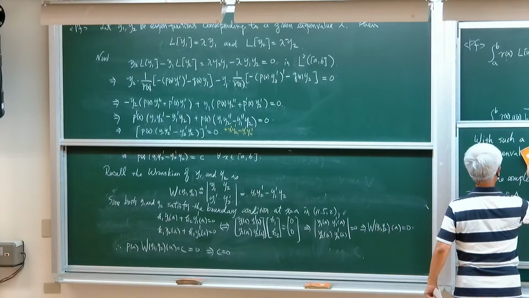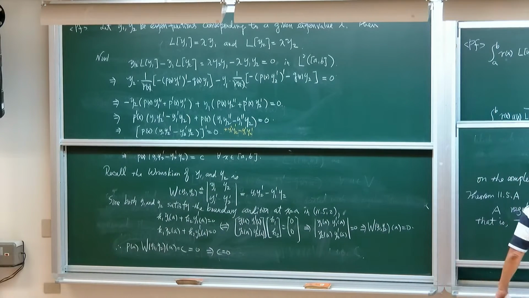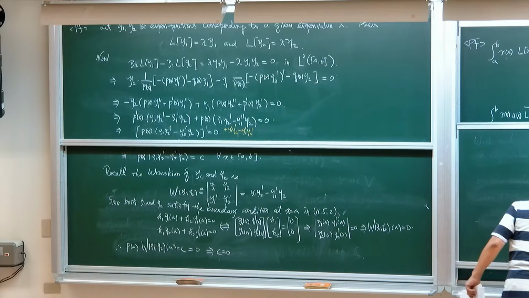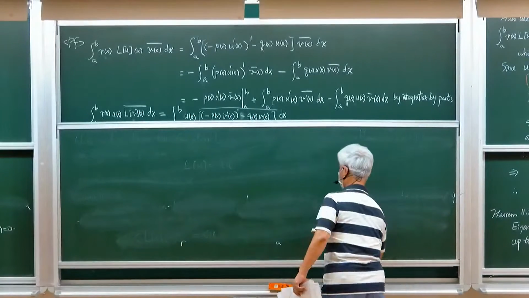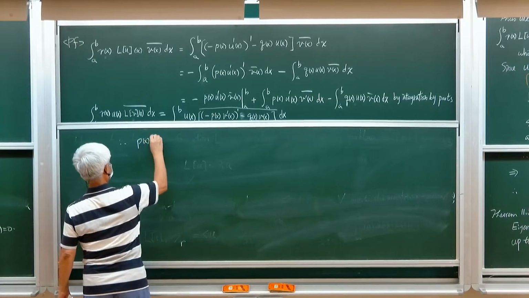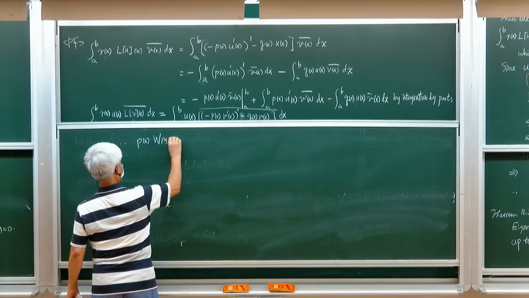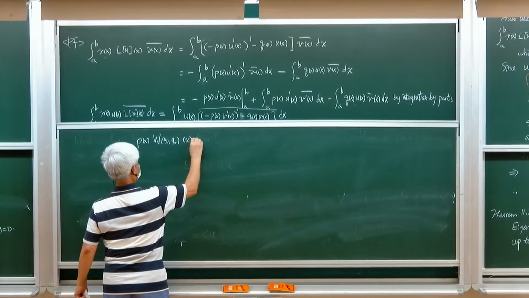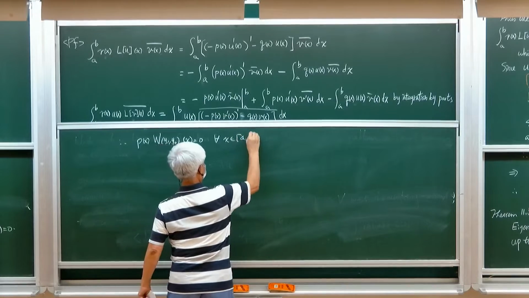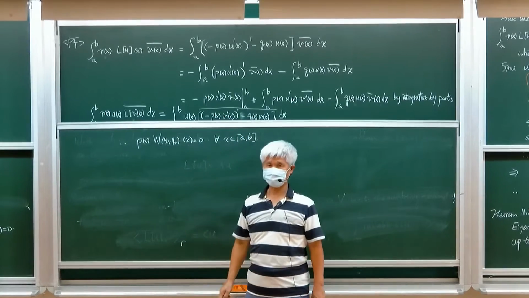Which shows that P of x times the Wronskian of y1, y2 of x is the zero function for all x in (a, b). All right, so we show this result.